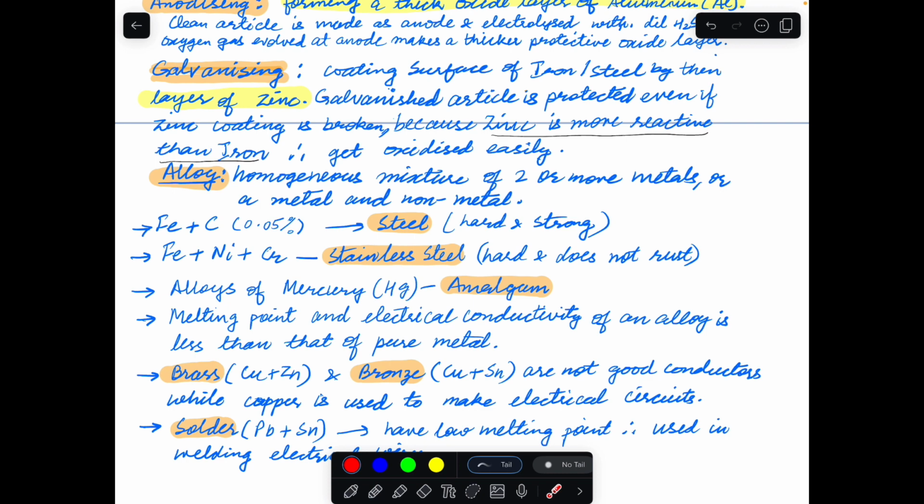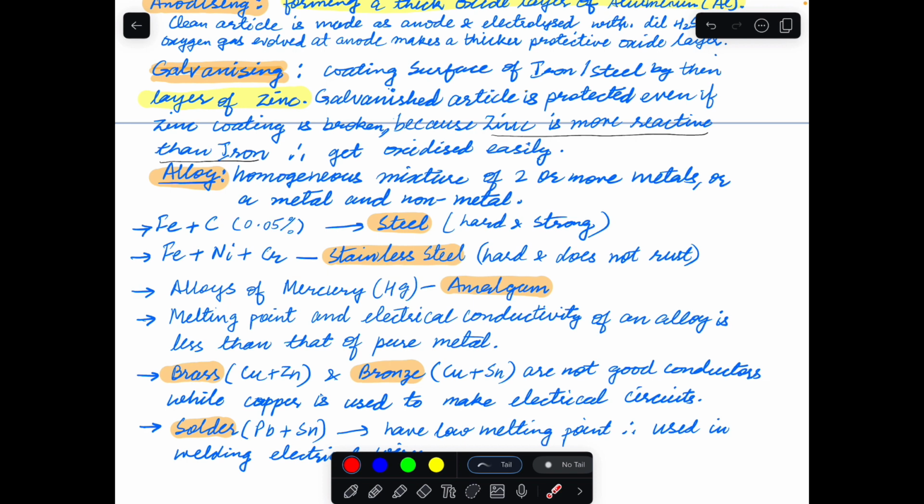For example, when iron is mixed with a very small amount of carbon, we call it steel, and this iron is not soft, it is hard and strong. Next, when iron is mixed with nickel and chromium, we call it stainless steel. It is very hard and it will not rust, that is, we will not get any stain on the surface. Simply, it will not undergo rusting or corrosion.